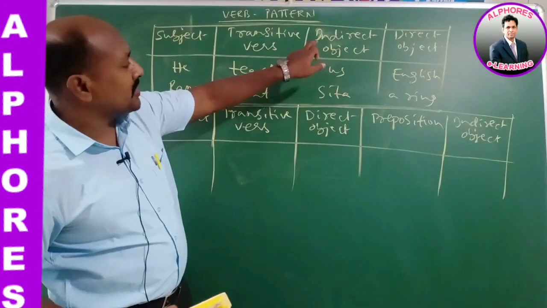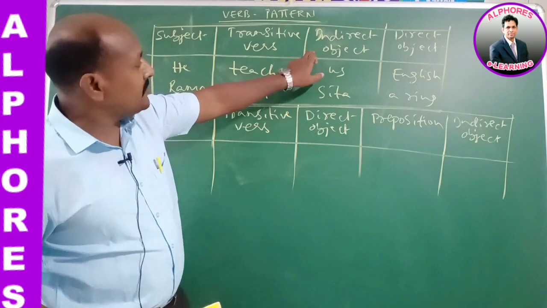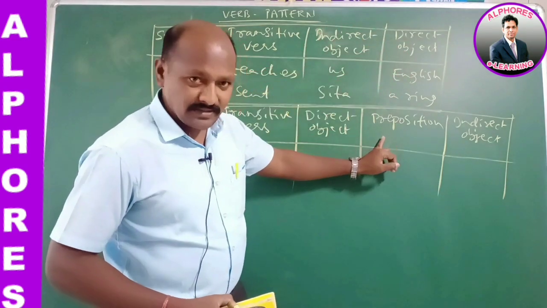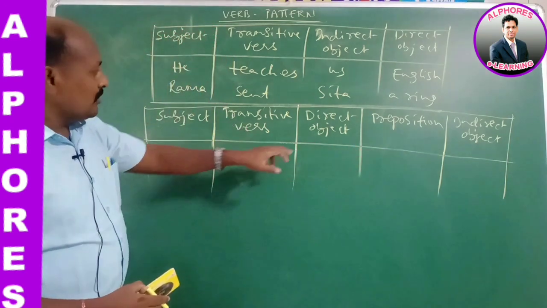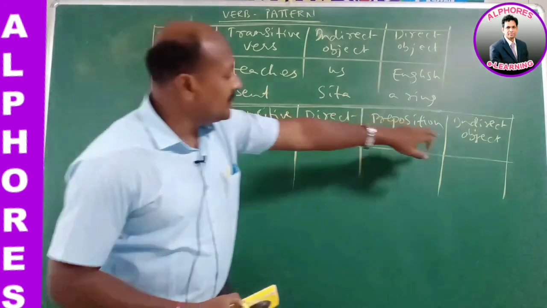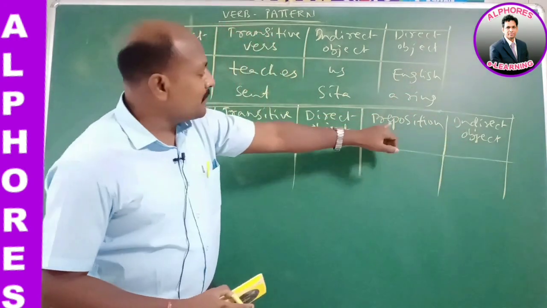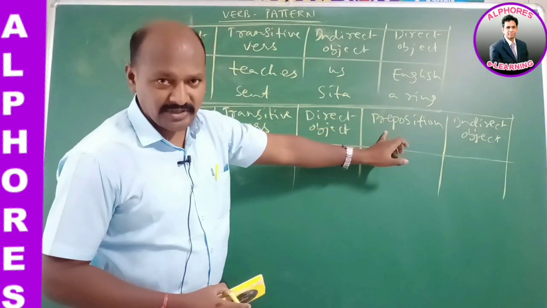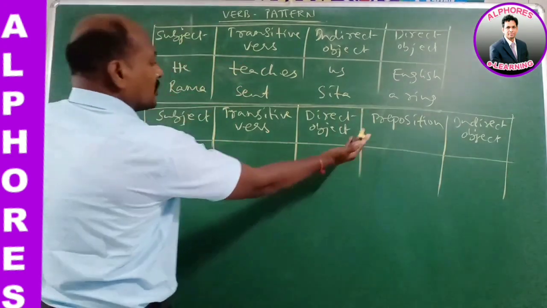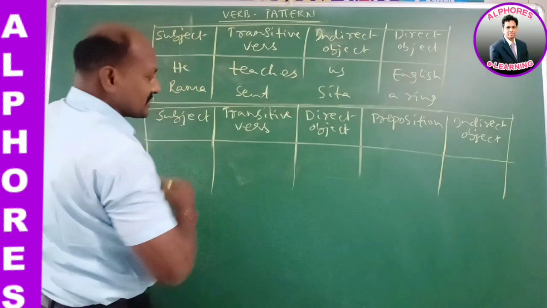Whenever the indirect object comes first in a sentence, in between the indirect and direct object there is no space for any preposition. But whenever the direct object comes first, in between the direct and indirect object there must be a preposition. Let me take up the same examples without any change, but with the direct object first and the indirect object next.